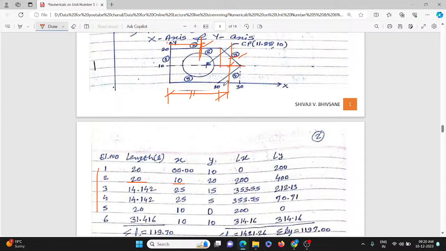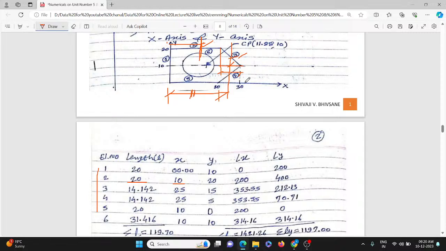So what is this total distance? This one, this distance, is nothing but 10, and this distance is nothing but 20.